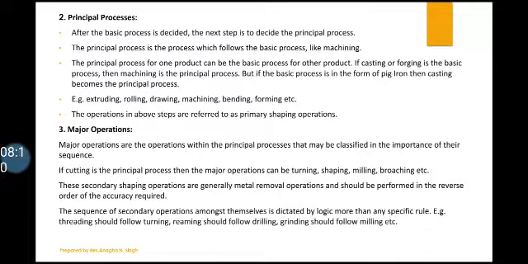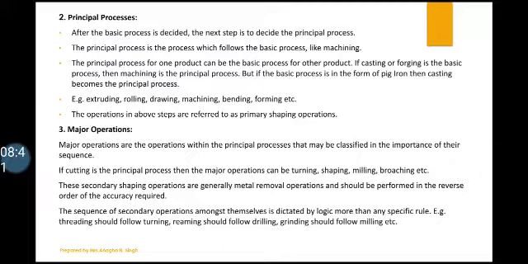Major operations. Major operations are the operations within the principal processes that may be classified by the importance of their sequence. If cutting is a principal process, then the major operations can be turning, shaping, milling, broaching, etc. These secondary shaping operations are generally metal removal operations and should be performed in the reverse order of the accuracy required.